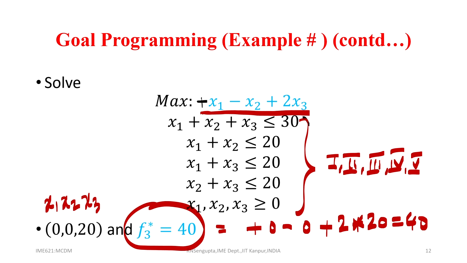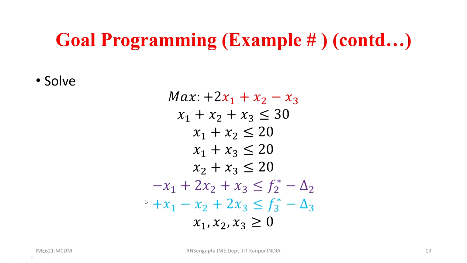These objective functions are f 1, f 2, f 3. Now, we will slowly bring the constraints in such a way that the objective functions which are not being optimized will be considered part and parcel of the constraints.